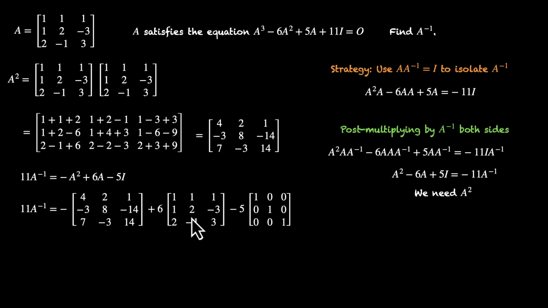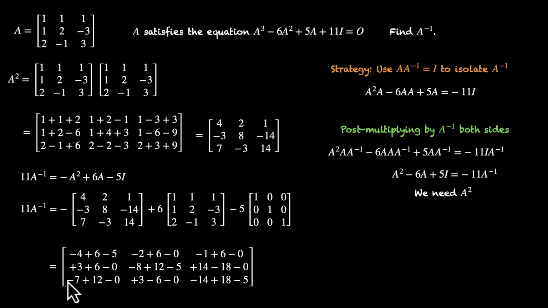So now we need to add and subtract. 11A inverse is going to be minus 4 plus 6 minus 5, minus 2 plus 6 minus 0, minus 1 plus 6 minus 0, 3 plus 6 minus 0, minus 8 plus 12 minus 5.